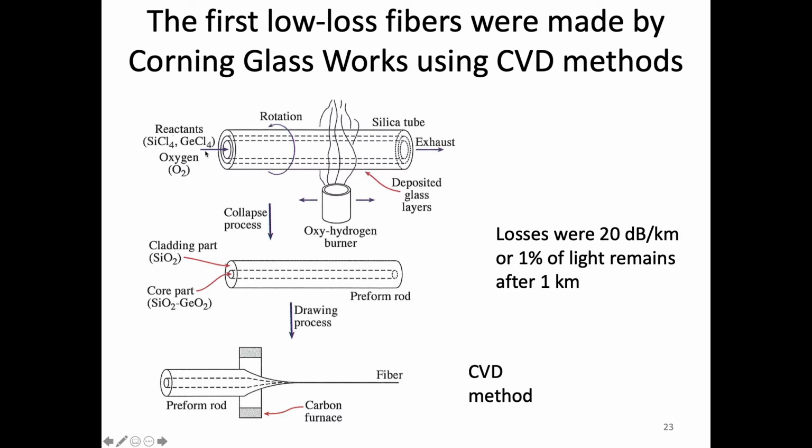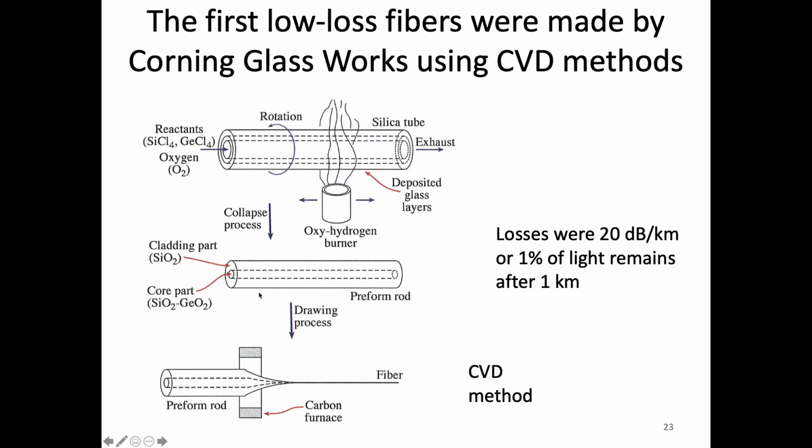So essentially, the oxidation of those reactants with oxygen creates a mixture of silicon and germanium on the interior surface of this tube when heated, and deposits a glass layer, and we can control the composition by controlling the amount of silicon and germanium that goes into this reactant. And that's rotated as well so that we get a nice uniform layer, and then the exhaust goes out through the other end of the tube.